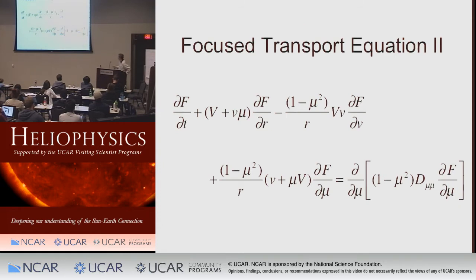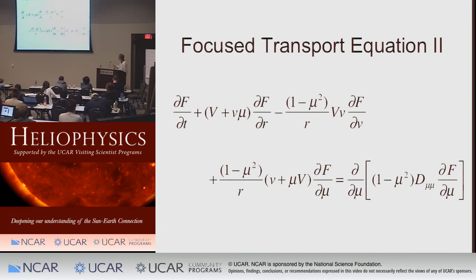As a result, I'm going to simply put the diffusion operator on the right-hand side, in basically spherical or cylindrical coordinates for mu. This is Vz over V. And this is the way it looks, and this is the pitch angle diffusion coefficient. There are ways you can calculate this from quasi-linear theory, and we won't go into that here. But that's a pretty well-defined process.